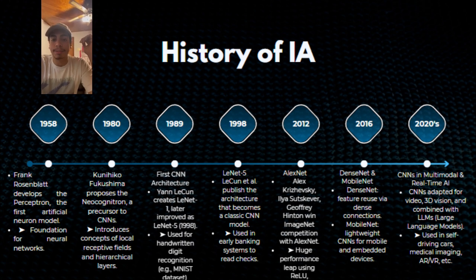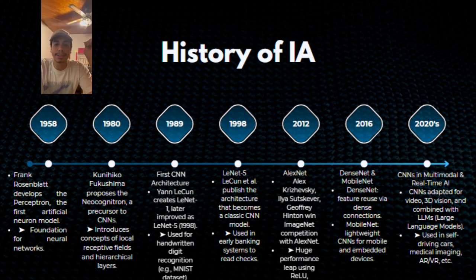LeNet-5 was published, and the architecture became a classic CNN model, used in early banking systems to read checks. In the year 2012, Alex Krizhevsky, Ilya Sutskever, and Hinton won the ImageNet competition with AlexNet, with high performance using ReLU.